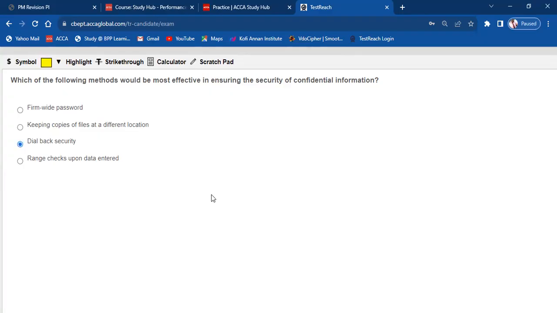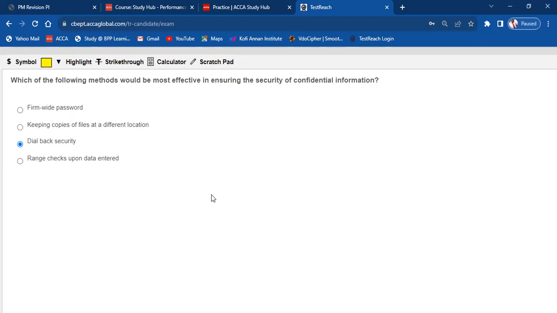Well, what's dial-back security? To be honest with you, I'm not too sure about it, but it sounds like something for me. When I was doing a double verification on my WhatsApp and on my email accounts, I had a security check that says that if I want to access my information on a different device, I should do something.